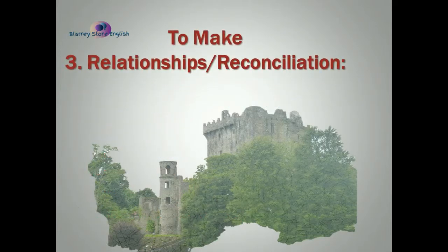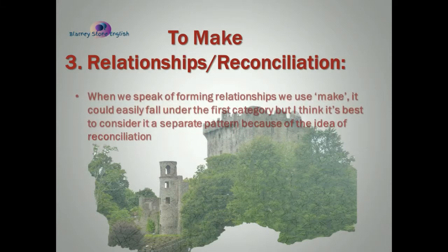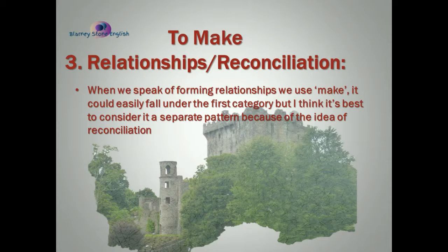So the next one we're going to think about are relationships and reconciliation. And when we speak about forming relationships, we use the verb to make. And it could easily fall under the first category because we're inventing or creating something. But I think it's best to consider it apart. And we'll have a look at the idea also of reconciliation. So when we make friends, as I said in the introduction, we're not creating the friends, we're creating the friendship.